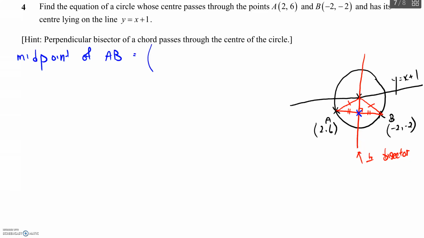Using the midpoint formula, the midpoint has been found. Next, we would like to find the gradient of AB using the gradient formula.